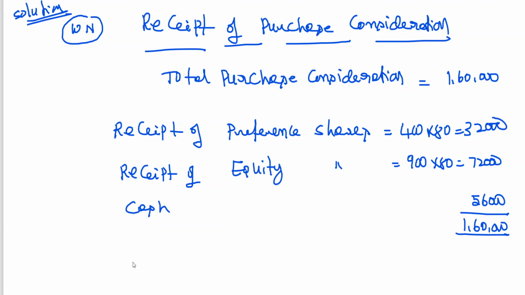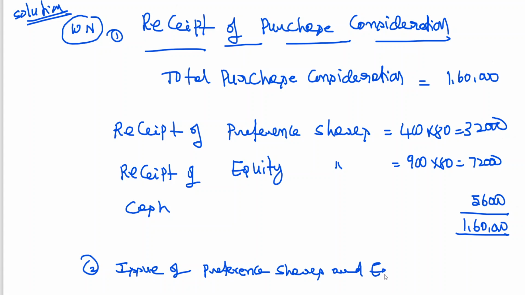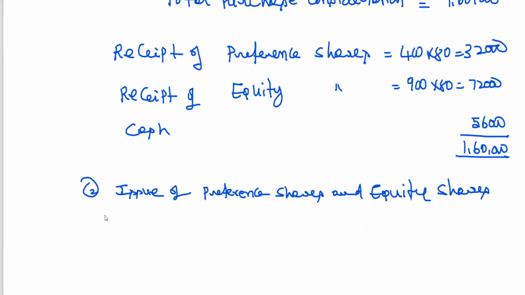Now, as per the issue of preference shares and equity shares to partners. How are you issuing preference shares and equity shares to partners?